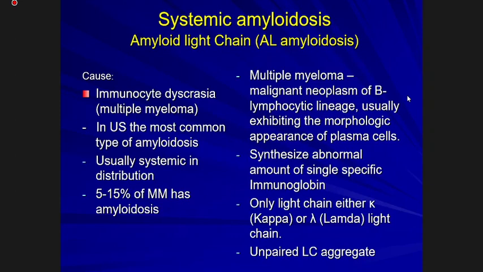Because of the increase in monoclonal production of a certain type of light chain, kappa or lambda, there will be a lot of unpaired light chain that cannot form the immunoglobulin, so it will be in the form of free light chain. This light chain in a huge amount can aggregate and form the amyloid proteins.